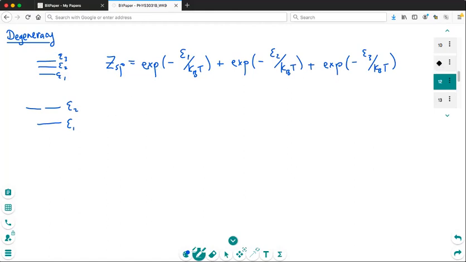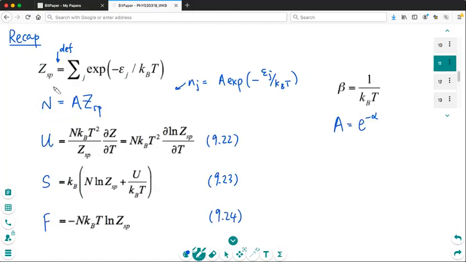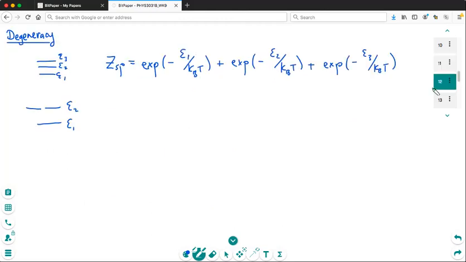This is coming from this definition, but I want to expand this definition to include degeneracy. So how do I do that? The partition function for the bottom case will simply be e to the minus epsilon 1 over kBT plus e to the minus epsilon 2 over kBT.